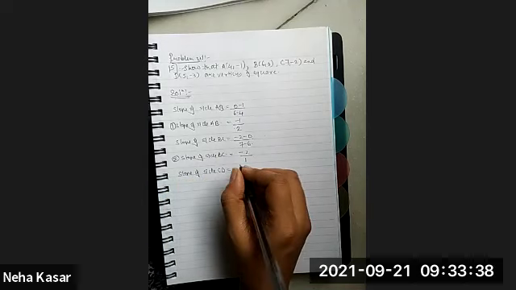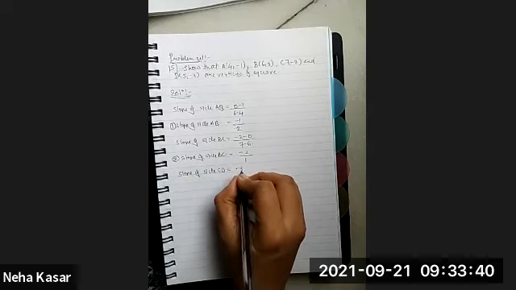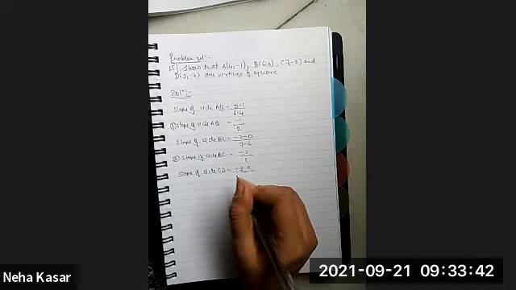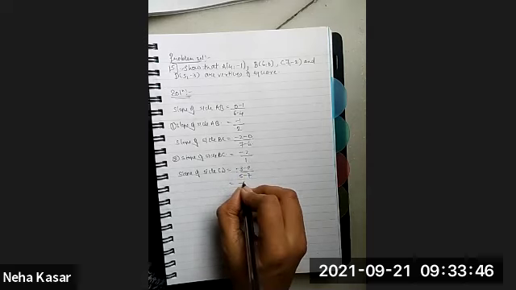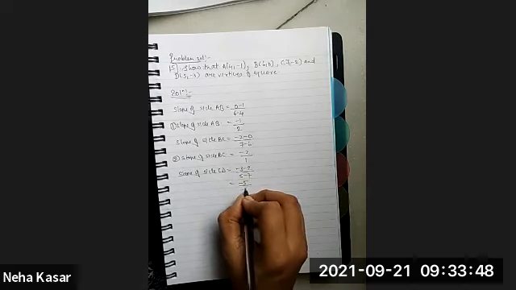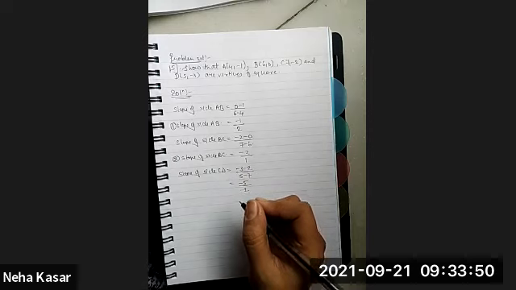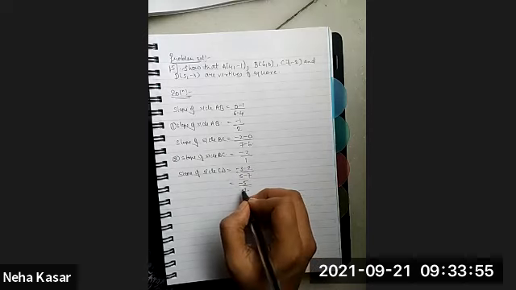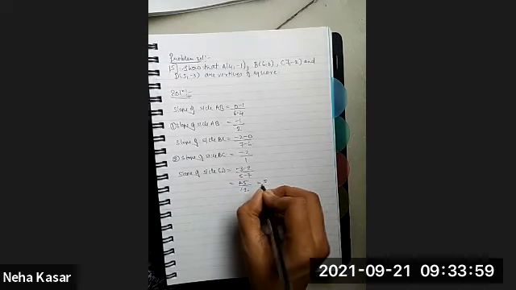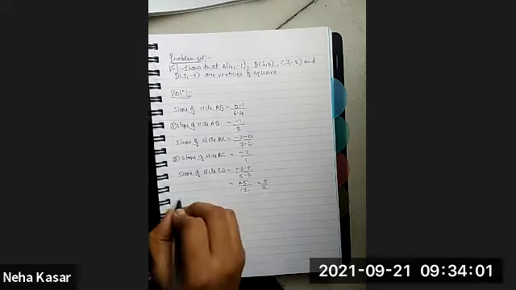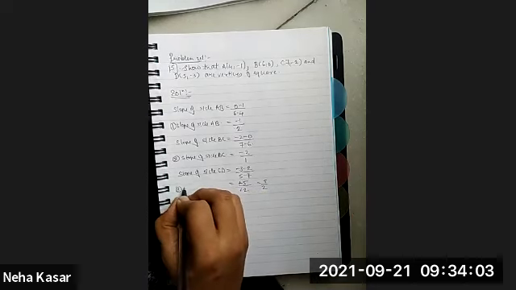So CD will be again minus 3 minus 2 upon 5 minus 7. So that will be minus 5 upon minus 2. So this minus will get cancelled. Answer is 5 upon 2. So this is the third statement.